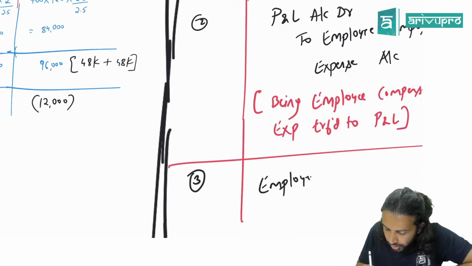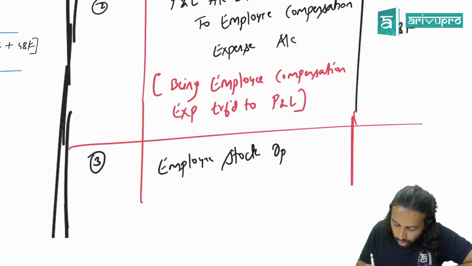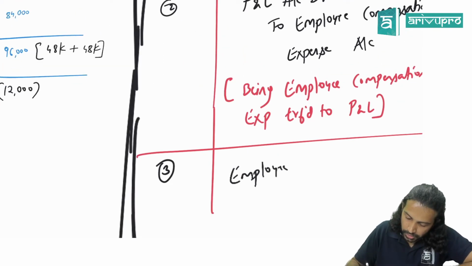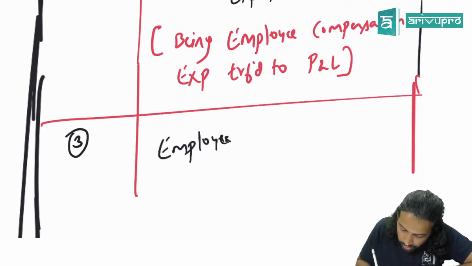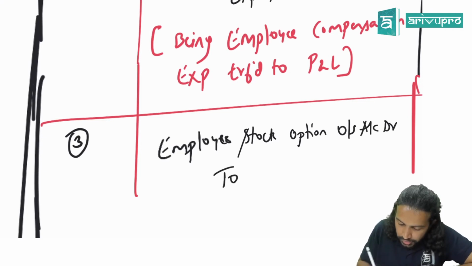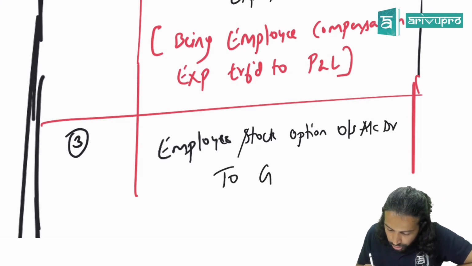Employee stock option outstanding account debit. Reversal will not be done through P&L. It goes to general reserve.